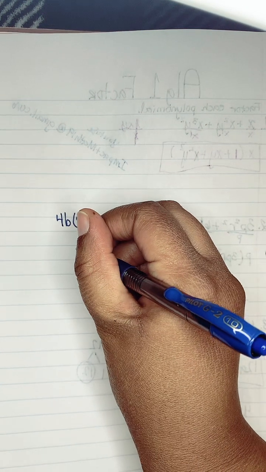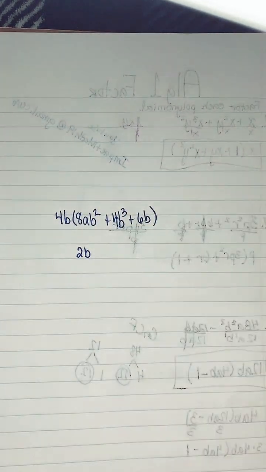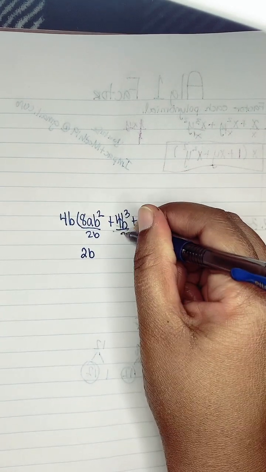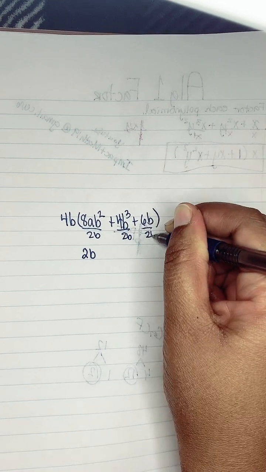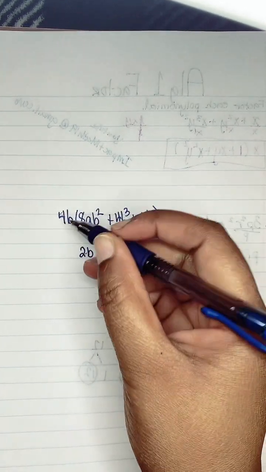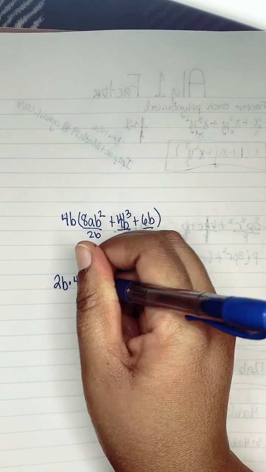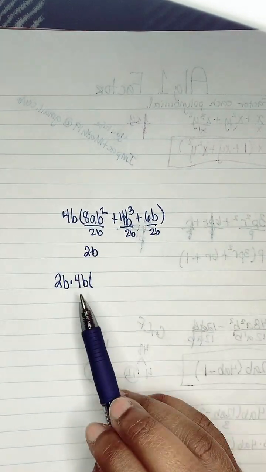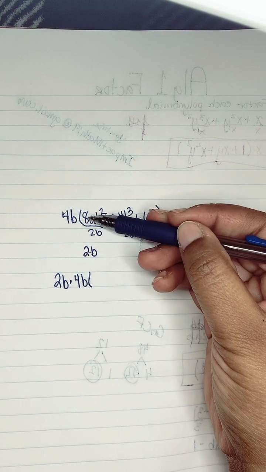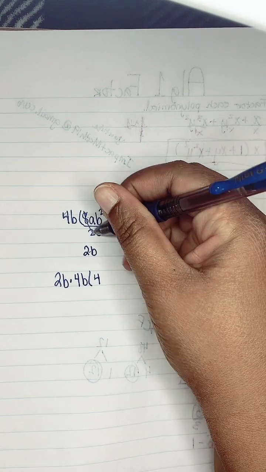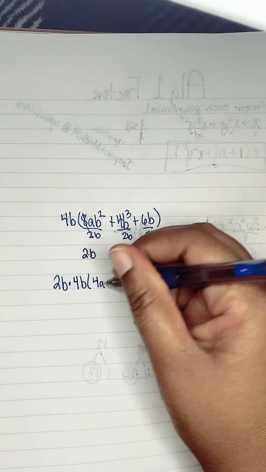So we can pull out a 2B. If we pull out a 2B here, 2B here, 2B here, we have to make sure we multiply it by what's on the outside. So we're doing 2B times 4B because this 4B was already out. And then 8 divided by 2 is 4. We have an A that's left.